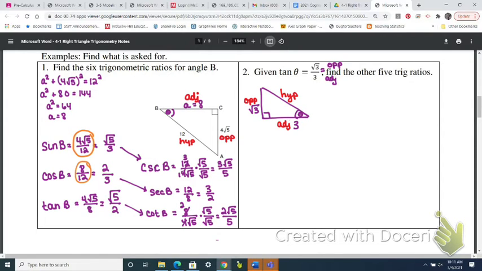And now I need to do Pythagorean theorem to find what's missing. So it'll be square root of 3 squared plus 3 squared equals c squared. So that's 3 plus 9. I get 12.